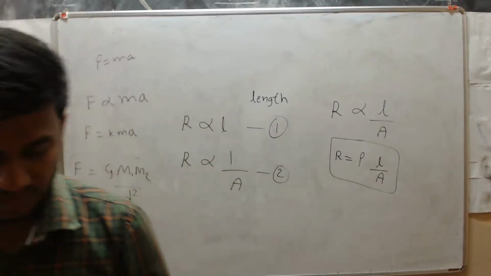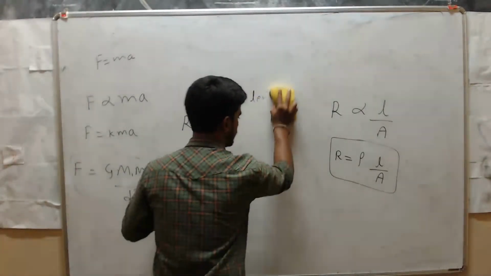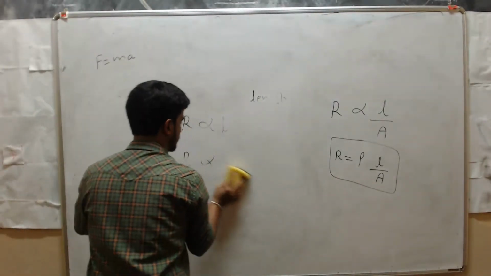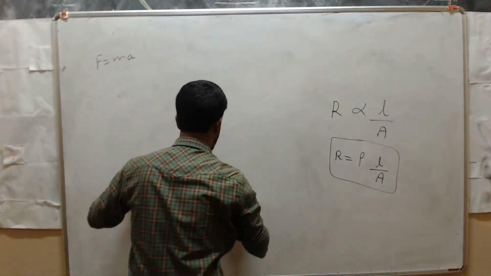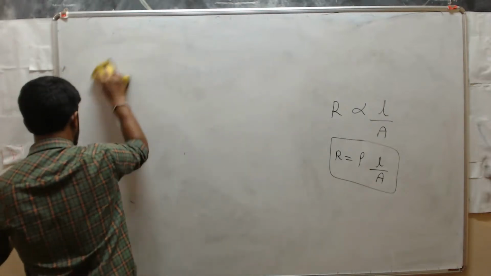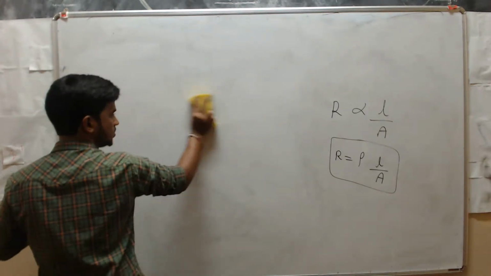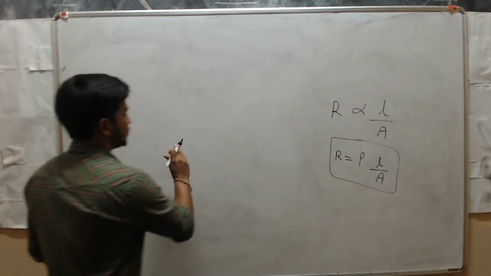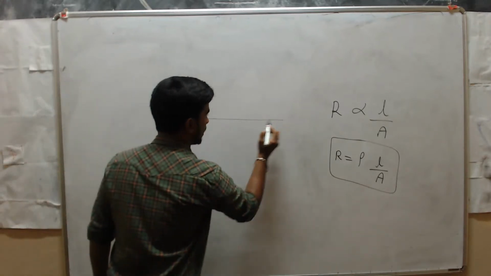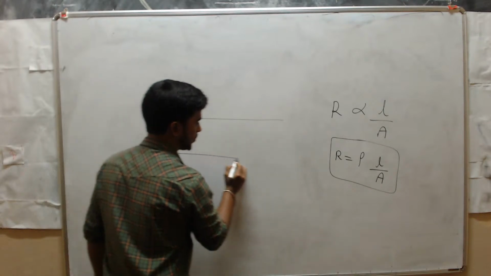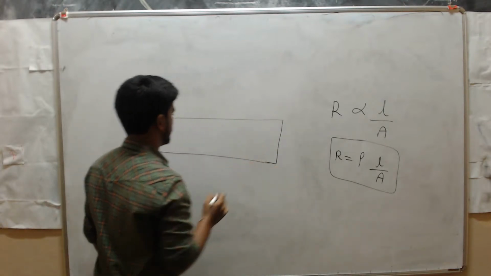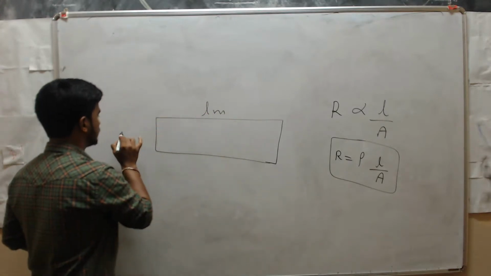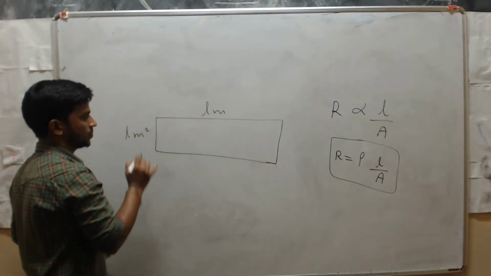Now see here. I'm taking a copper wire. The length is 1 meter and the area of cross section is 1 meter square.